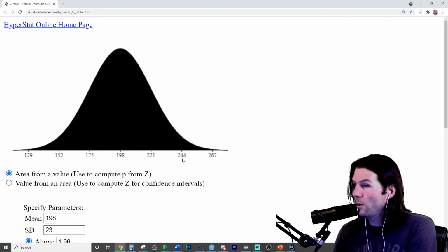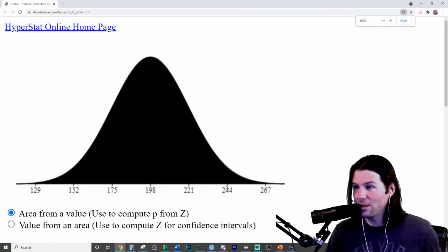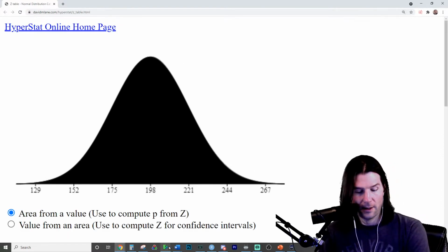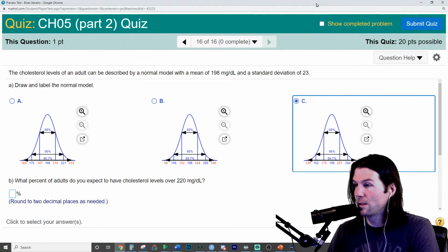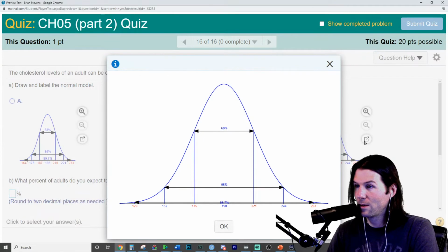Notice this drawing right here. What do you notice about this graphic?